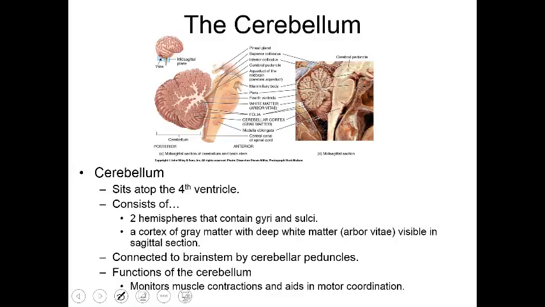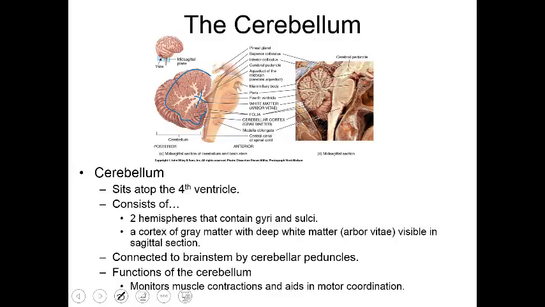So you have a left cerebellar hemisphere and a right cerebellar hemisphere. The cerebellum is very rich in gray matter. So this reddish stuff that you can see, the darkly colored stuff, all of that is the gray matter of the cerebellum. The one in the center, the one that looks like a tree branch, that is the white matter of the cerebellum.